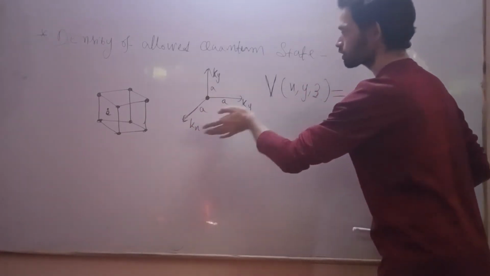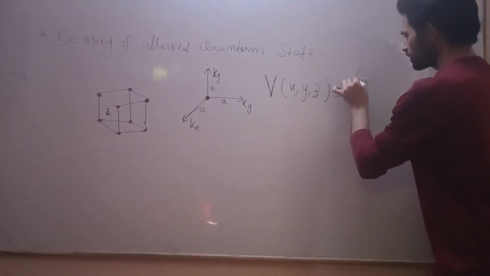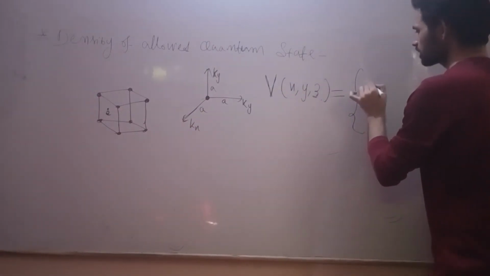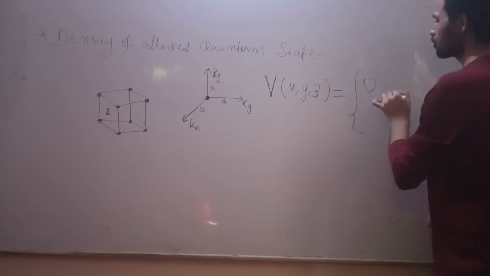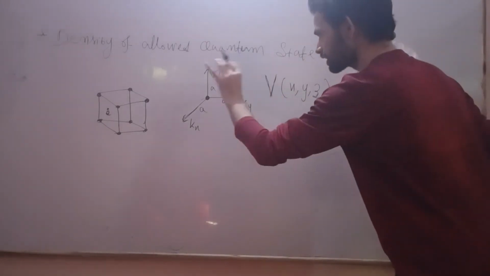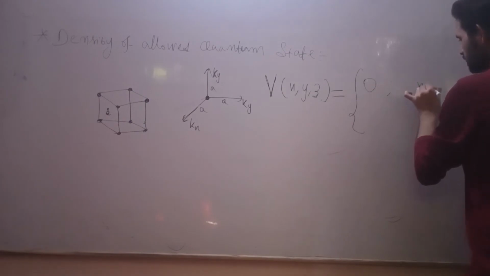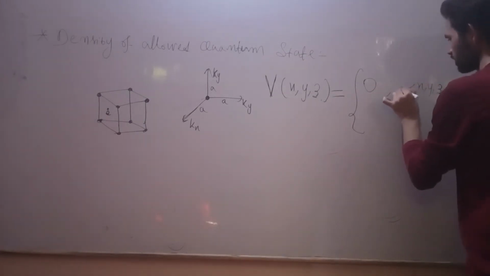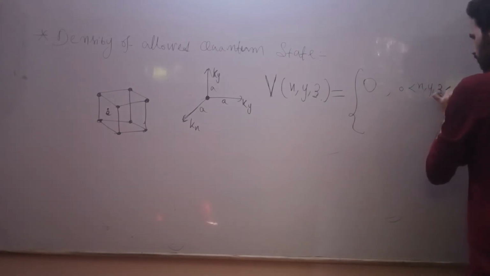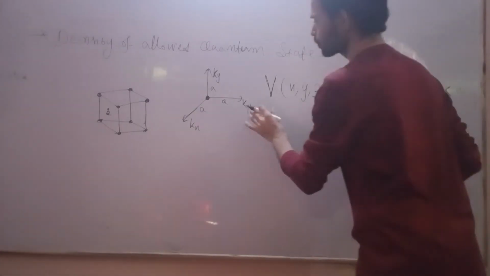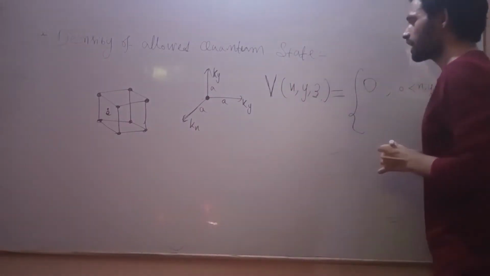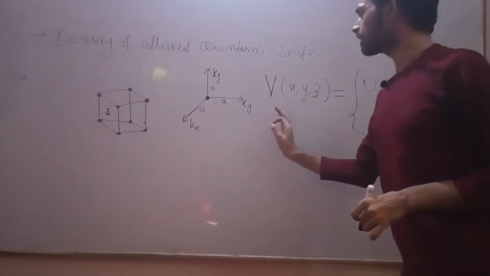The potential V of x, y, z is equal to 0 inside the crystal, when x, y, z lie between 0 and a. That means it is inside the crystal, the infinite potential well.